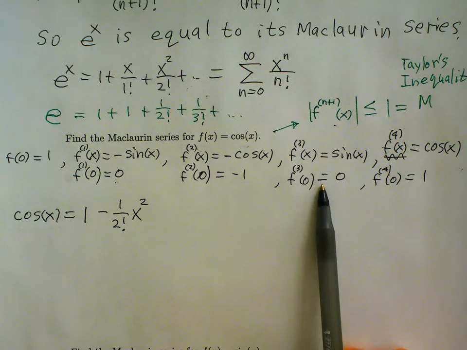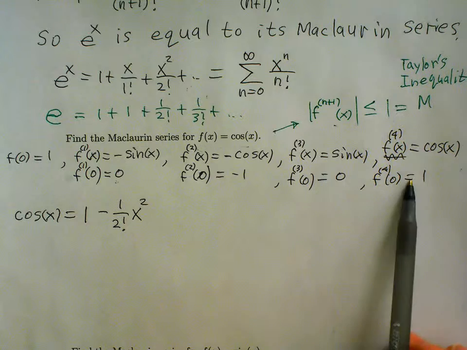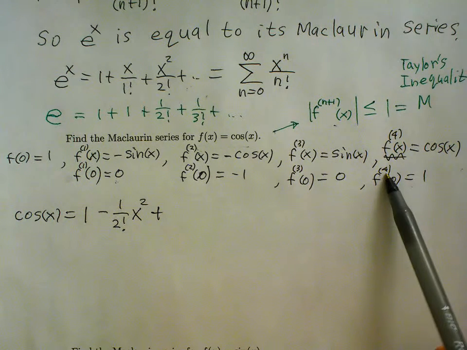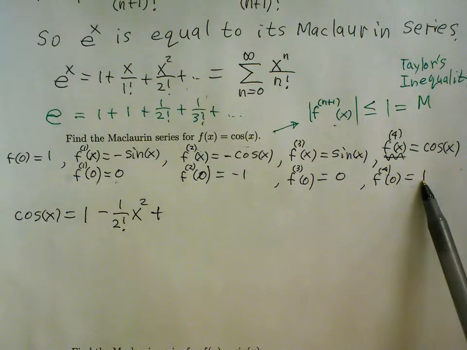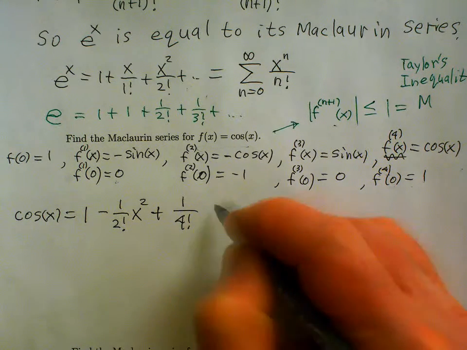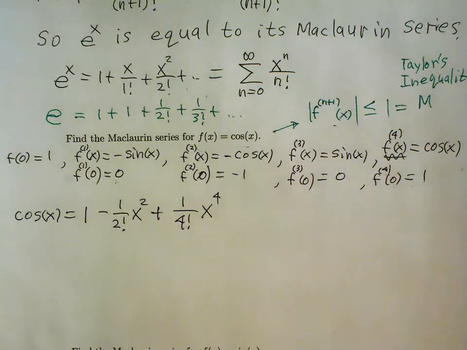The next term is 0, so that brings us to the fourth derivative evaluated at 0, which is 1, over 4 factorial times x to the fourth. So it will follow this pattern.